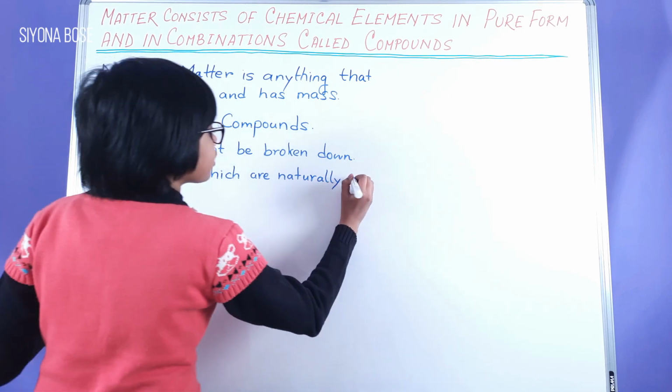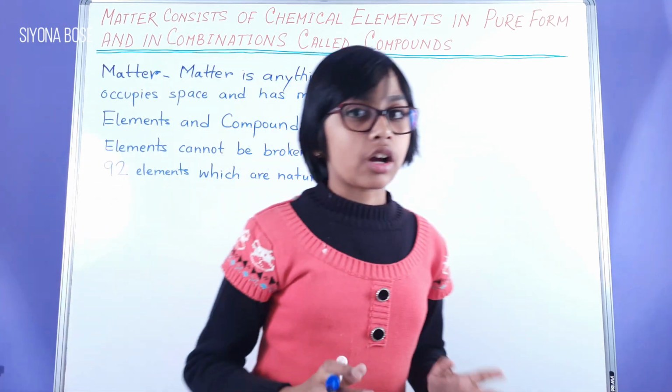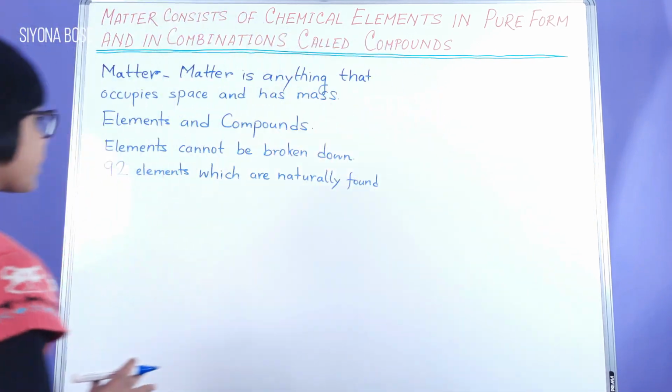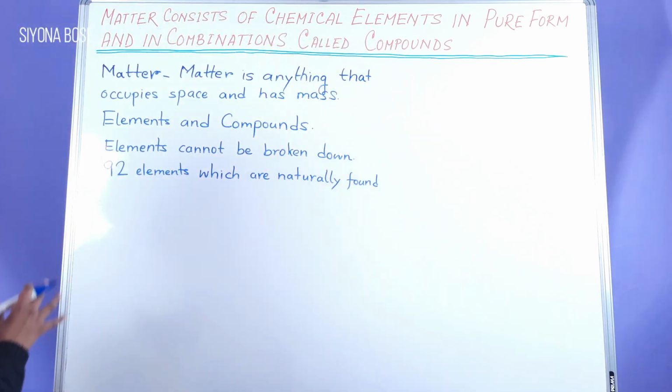Some examples are gold, copper, oxygen, and carbon. Those are among the 92 elements; these are 4 examples.